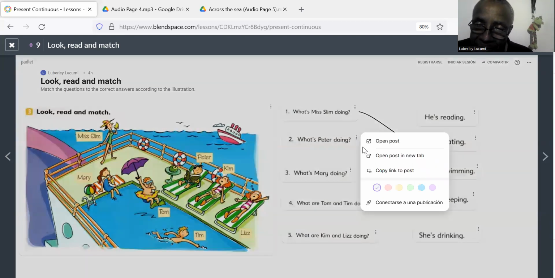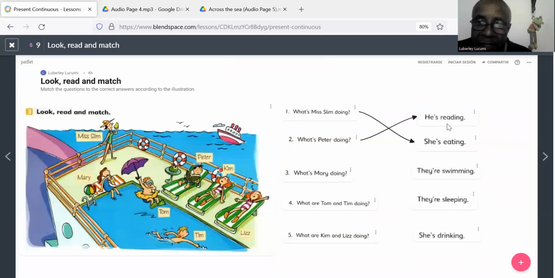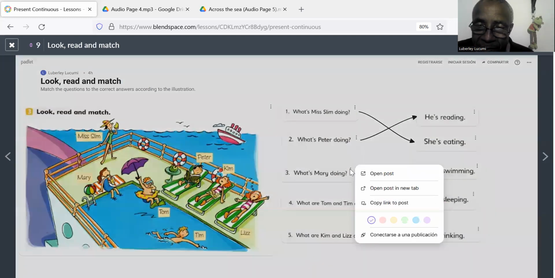Okay, group number two. What is the answer for the third question? What's Mary doing? Yeah, she's drinking. You're right. She's drinking.